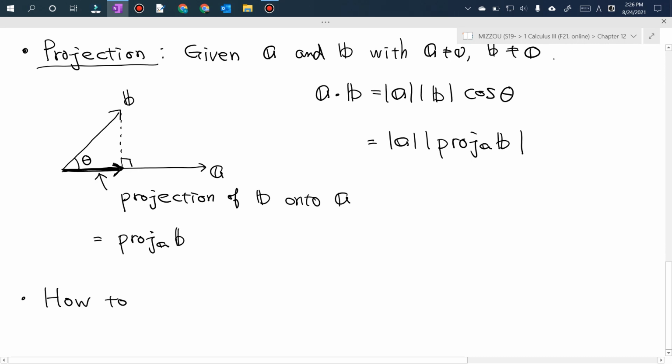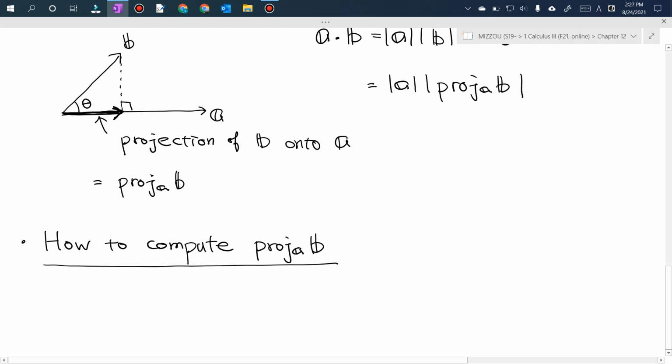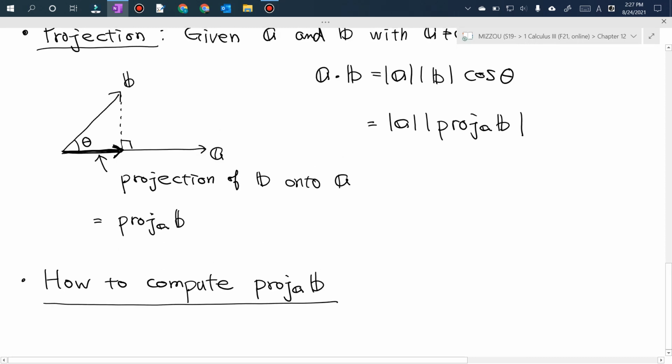More concretely, how to compute proj AB? Well, we know, look at this one.